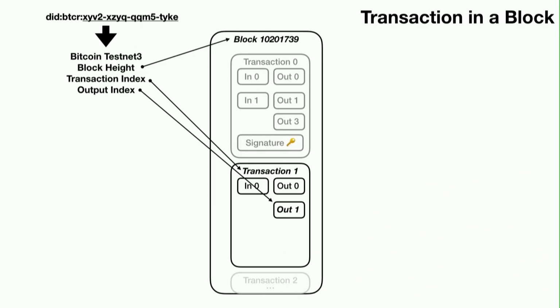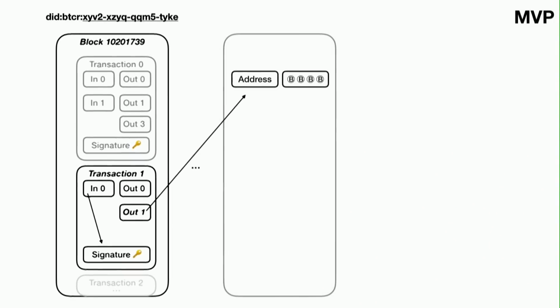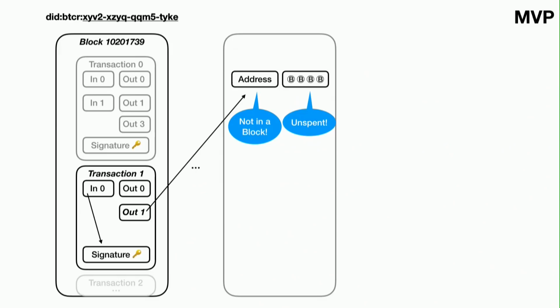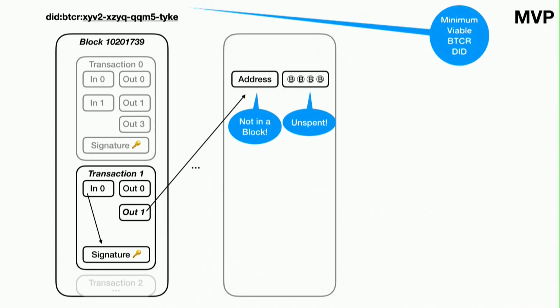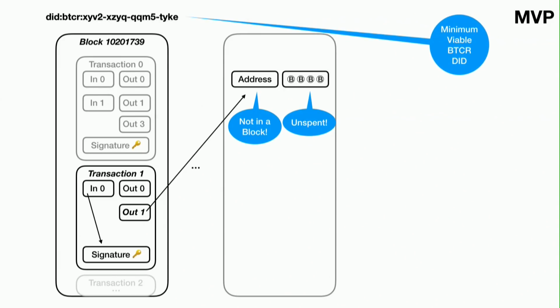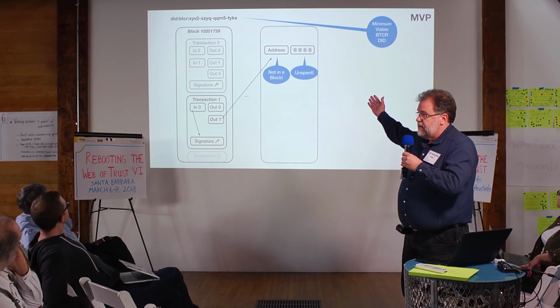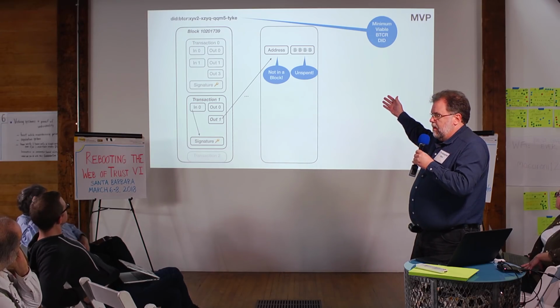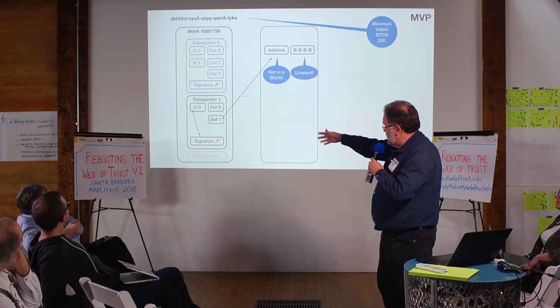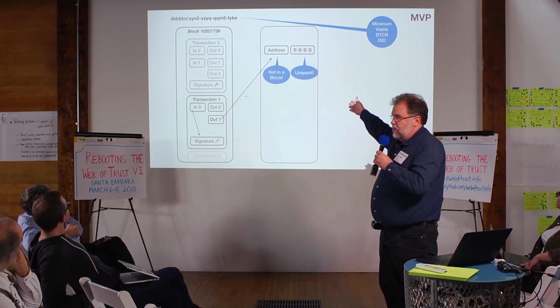So within that, we basically have some important useful things. Inside the transaction, we have a signature, and we also have an address that is where this transaction previously sent money to. So it sent Bitcoin. This Bitcoin exists in a form such that it has the transaction, a signature, and it's not been spent.